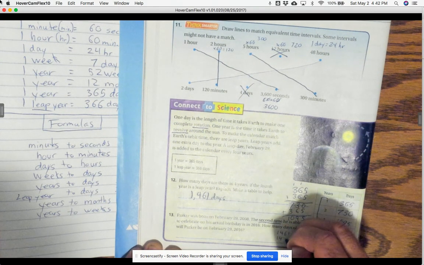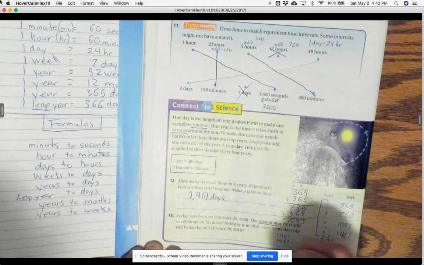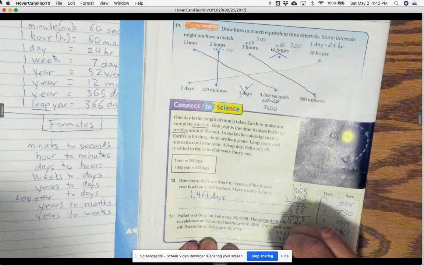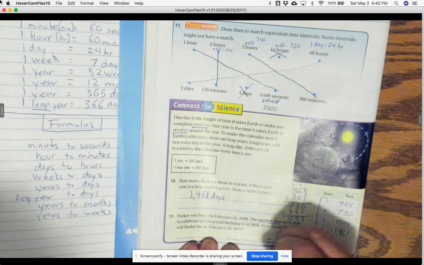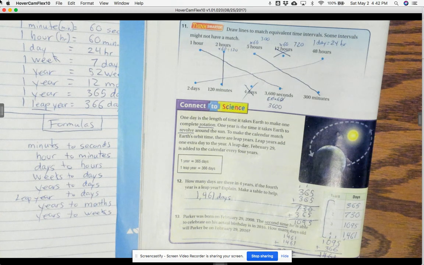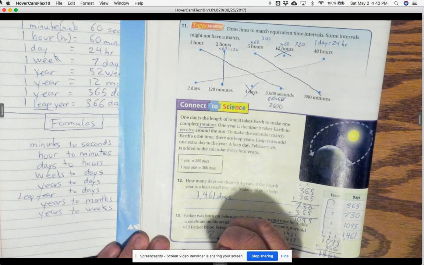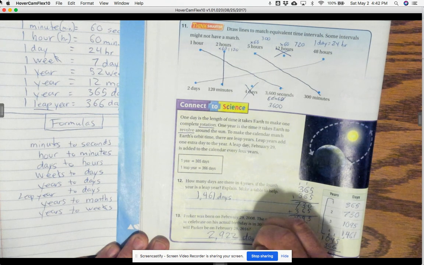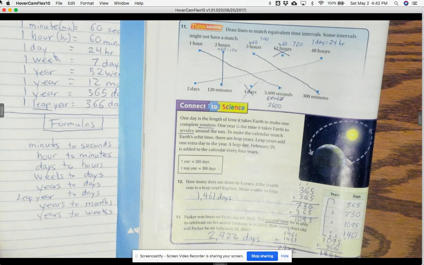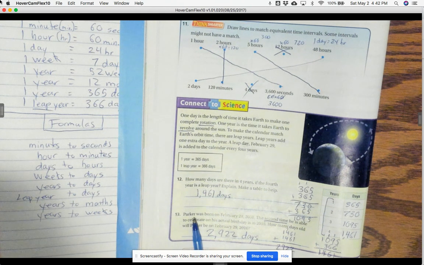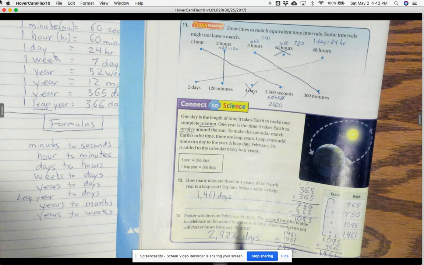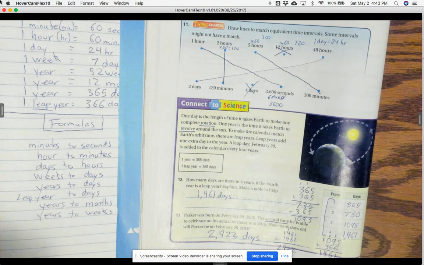I'm just choosing to add because it's just adding it twice. 2,922 days. That's how many days old Parker would be if he was born on February 29th, 2008, and we were checking the number of days on his 8th birthday.